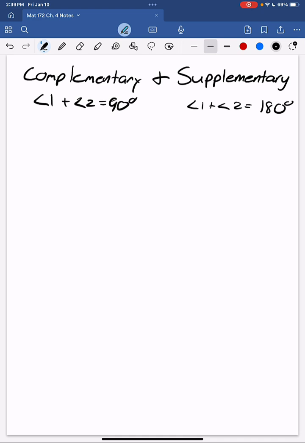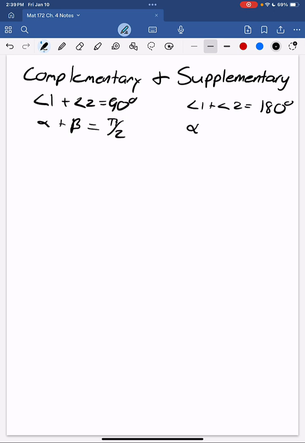Well, in trig, we don't really use 90 and 180 degrees to say this because we want to talk about it in radians. So we have angle alpha plus angle beta is equal to pi over 2 radians. Always will be pi over 2 for 90 degrees.